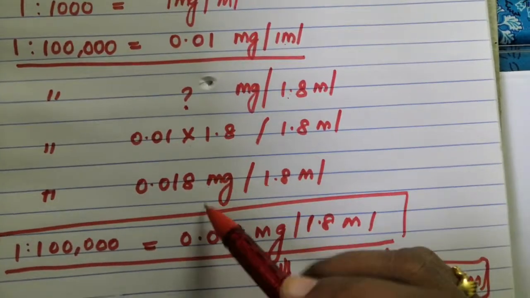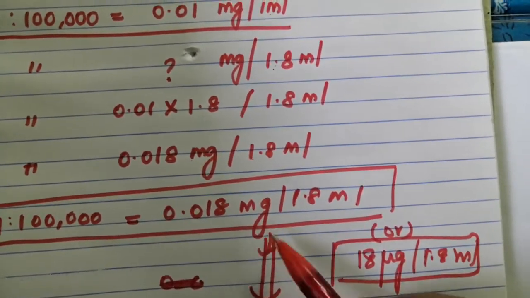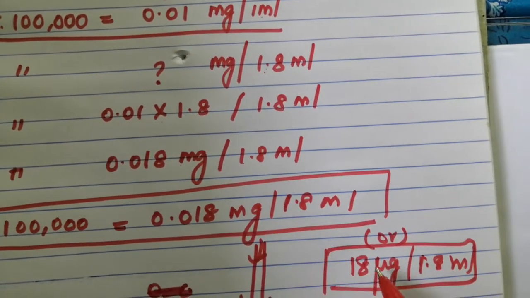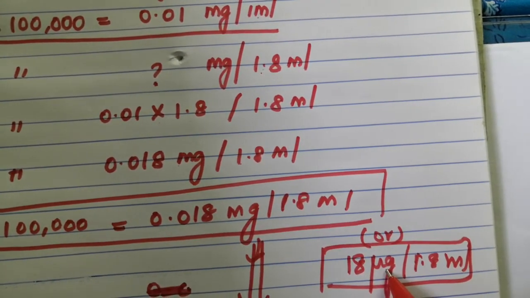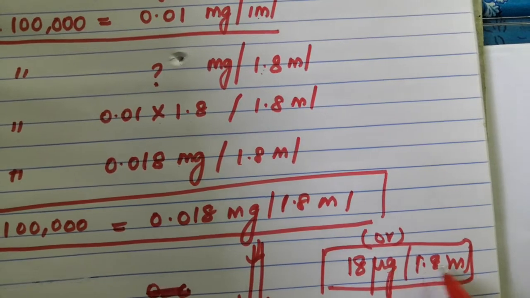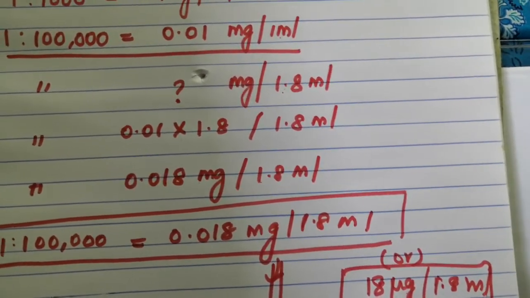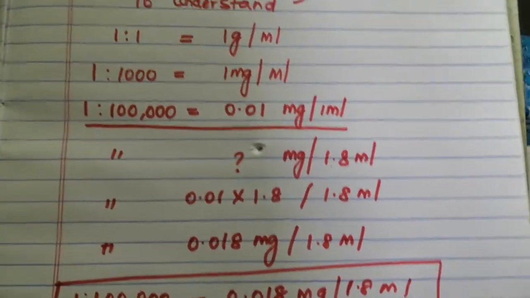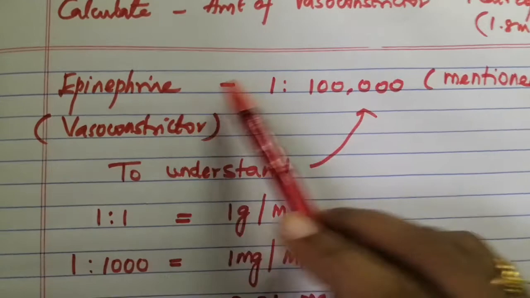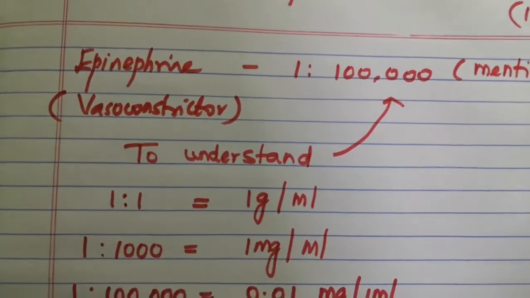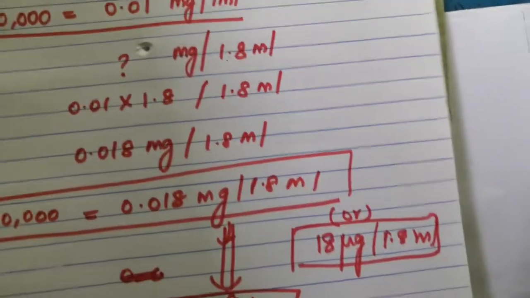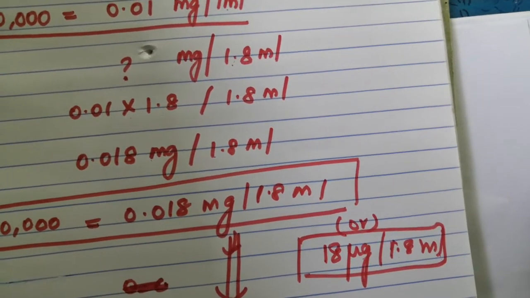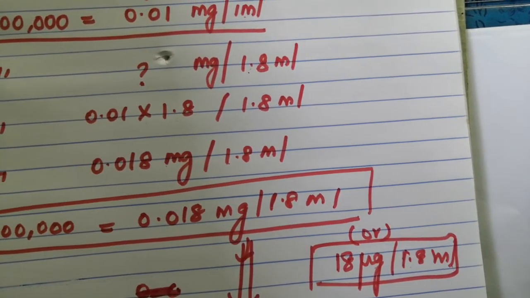Converting this into a round value, it is 18 microgram in 1.8 ml of cartridge. So epinephrine of 1:1 lakh concentration contains 18 microgram in a cartridge.